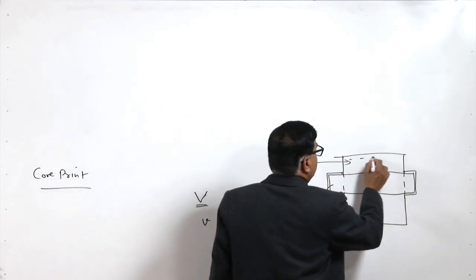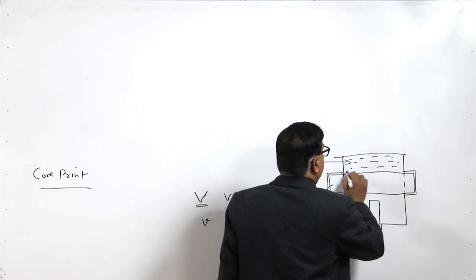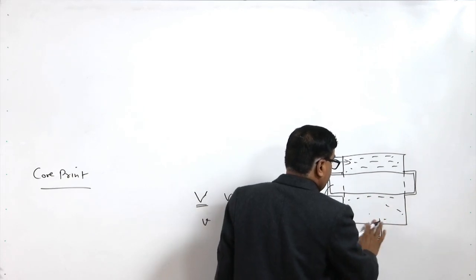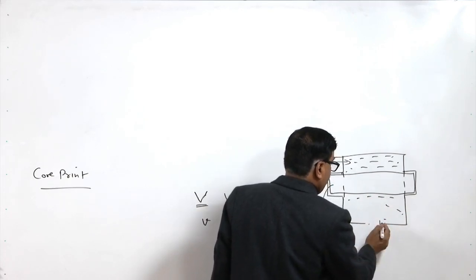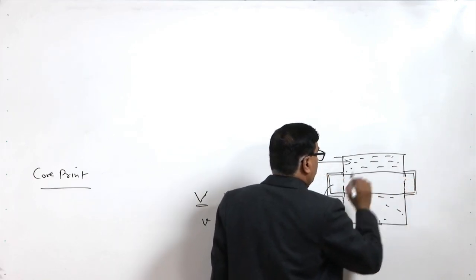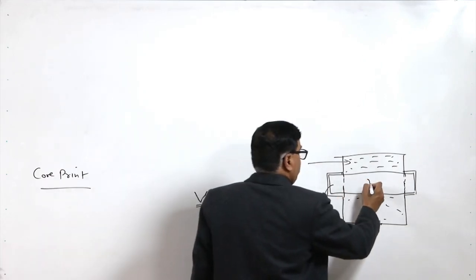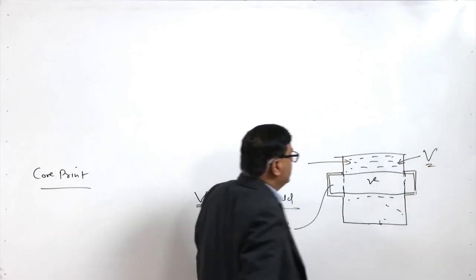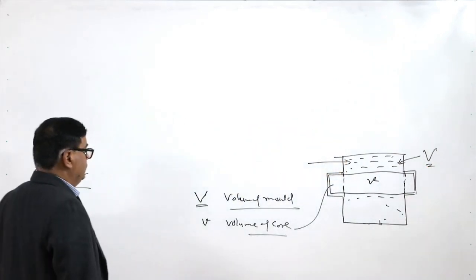When the molten metal is filled in the cavity, since the molten metal is of higher density, this is what we can erase just to simplify, and this is the volume of the core. So, small v is for the core and capital V for the volume of the mold.